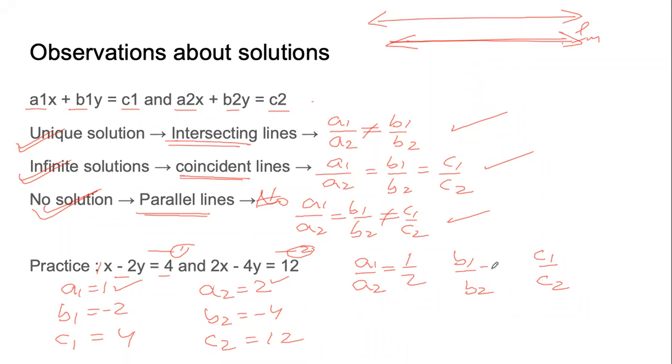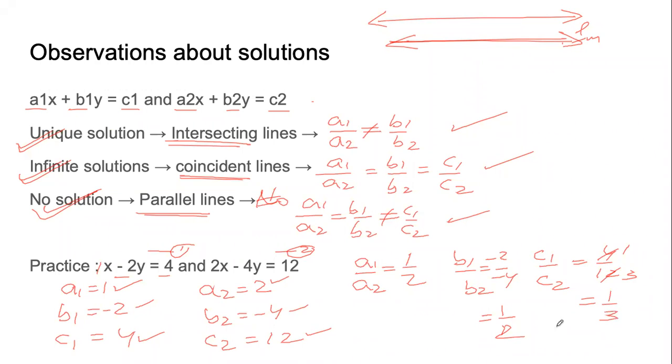B1 by B2 by using -2 and -4, we can say this is also 1 by 2. Simplification of fractions, which I revised. C1 by C2 is 4 by 12. When we simplify this, 4 ones are 4, 4 threes are 12, or 4 divided by 4 is 1, 12 divided by 4 is 3.